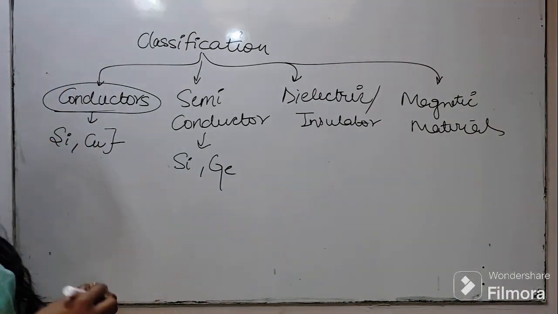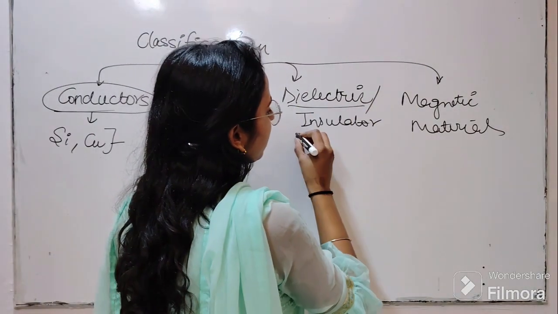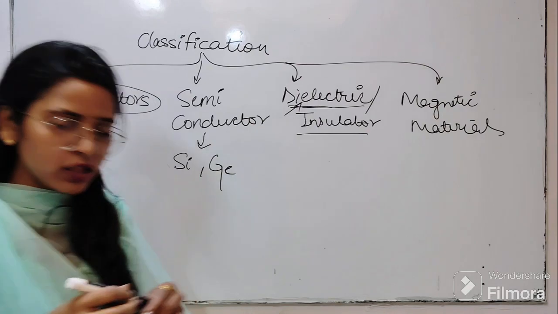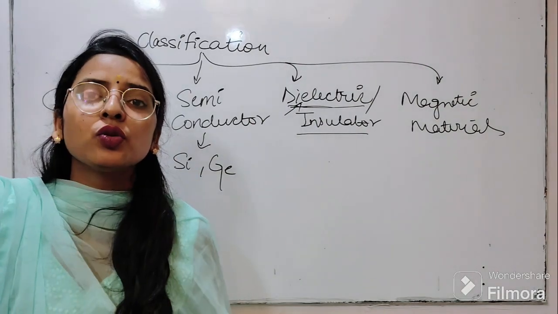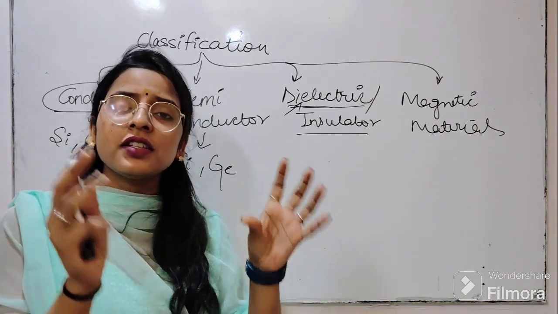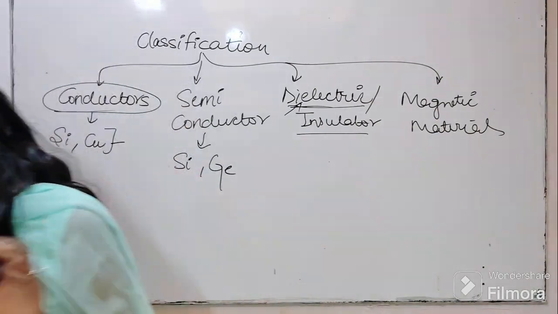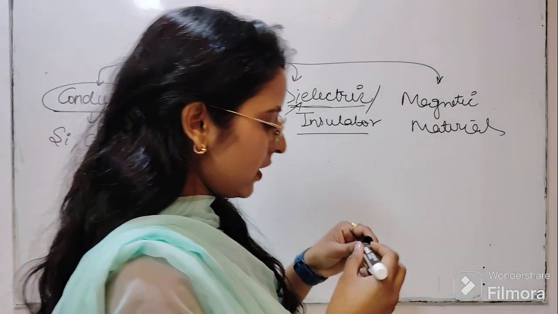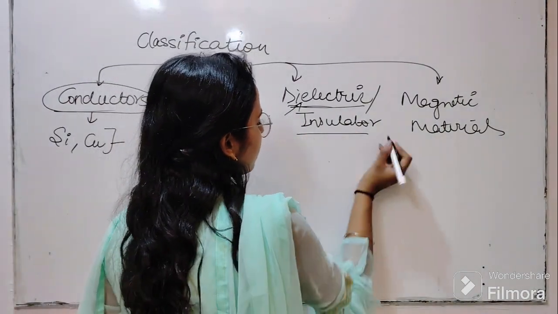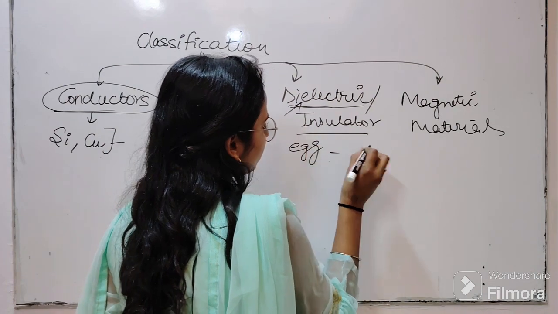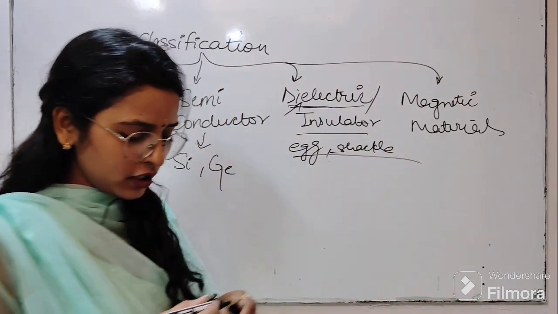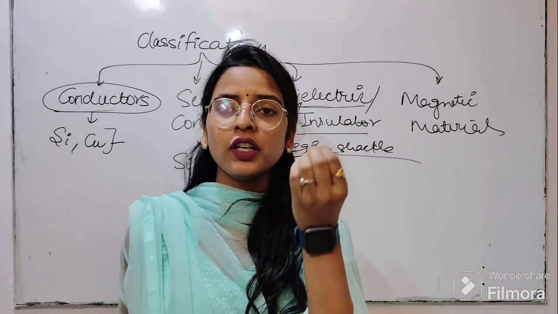The next thing is dielectric, or insulator. Dielectric means it is not giving a path to the electricity whenever it is in the path of any electrical circuit. For example, the insulators that we are using are pin-type insulator and shackle insulator. If we discuss daily routine, air is a very good insulator.